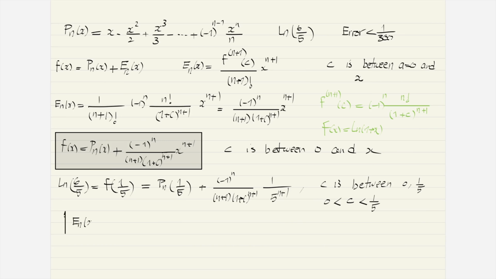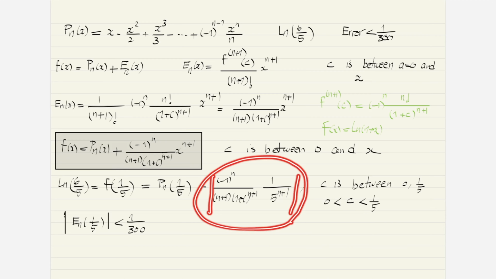I want to guarantee that x in this case is 1 over 5. I want to guarantee this to be less than 1 over 300. Yes. So it means the absolute value of this expression, I want to make it less than 1 over 300.